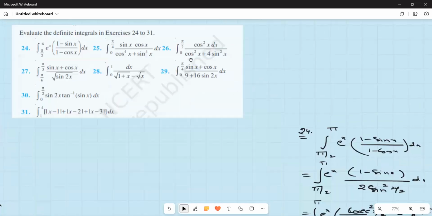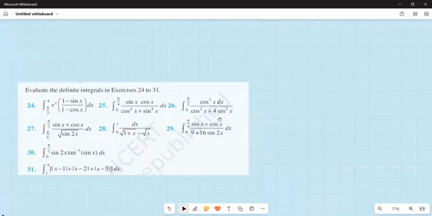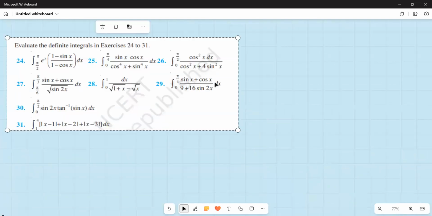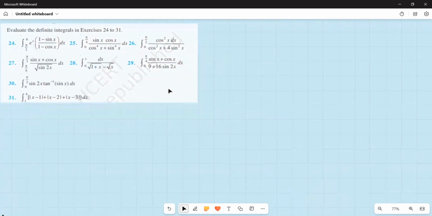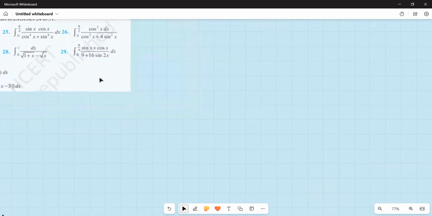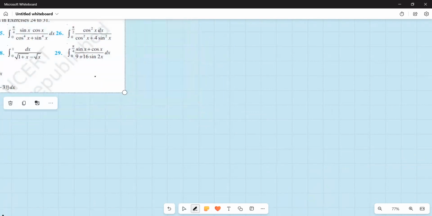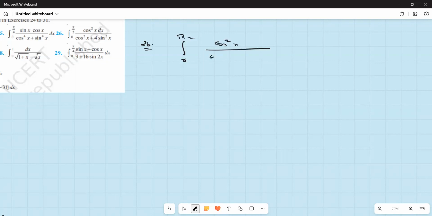Question number 26 is the integral from 0 to pi by 2 of cos square x upon cos square x plus 4 sin square x dx.